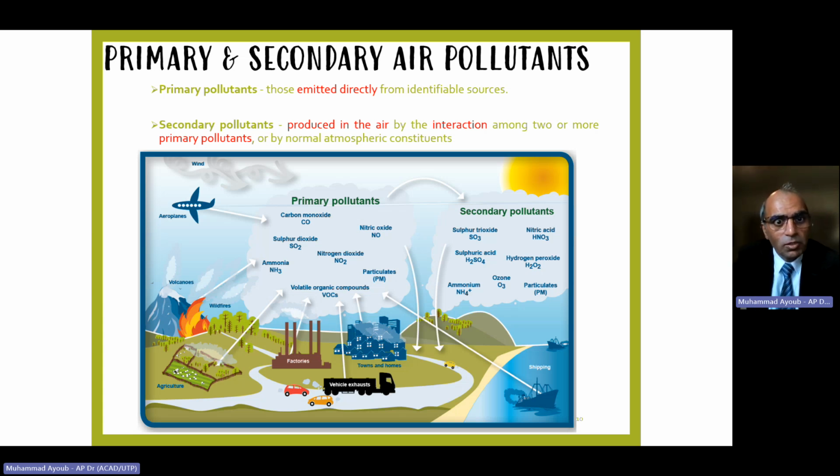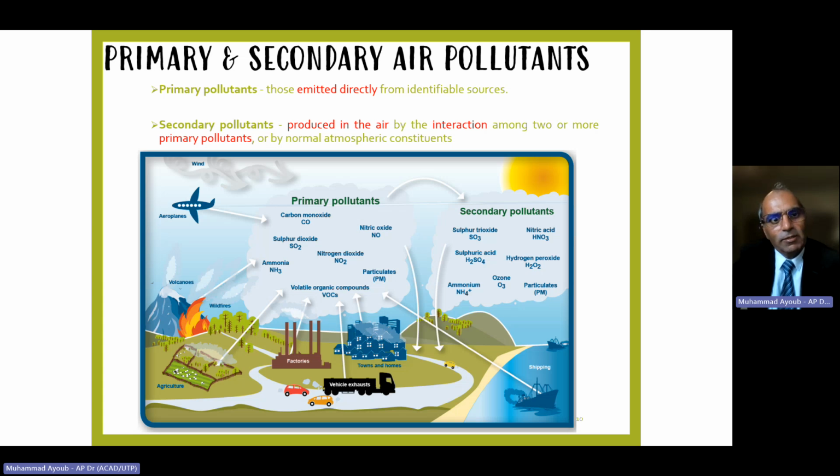Some are secondary pollutants that are not directly coming from the source, but two or more primary pollutants combine together to make a secondary pollutant. For example, there is some sulfur dioxide.